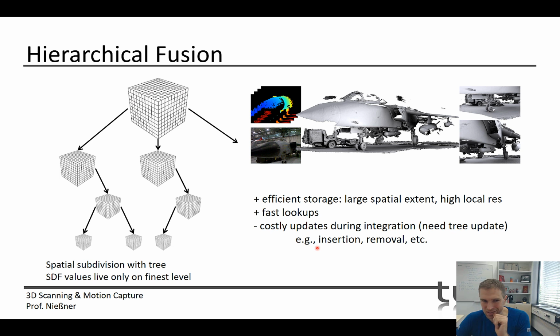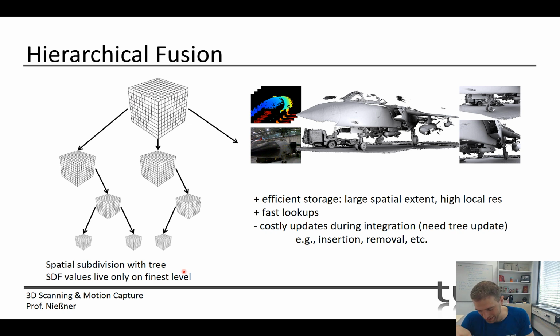The downside is if you're getting new values in, you might have to update your tree structure, right? So insertion and removal on a tree is not O(1) anymore, obviously. It's O(log n), and if you do this log n on a GPU, that could cost you quite some performance. So the lookup is super fast, but the updates of the data structure are a little bit slower. So the scanning might be a little bit slower.